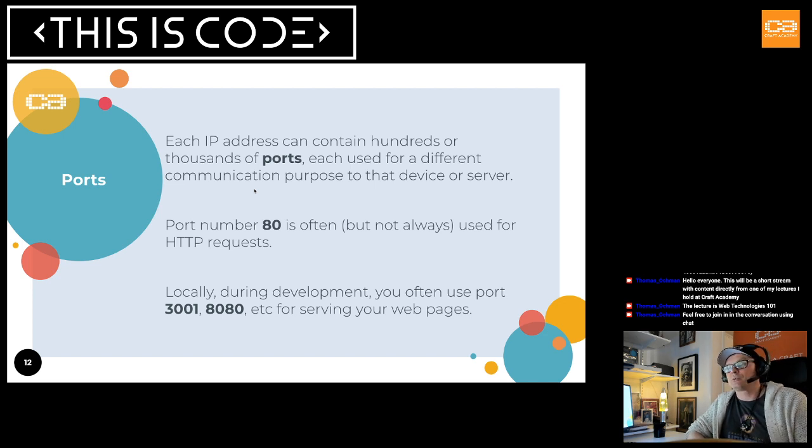And quite often you will see that your applications that run locally on your machine will run on port 3000 or 3001 or 8080 or something like that. But actually port 3000 or 3001 is often used in development.